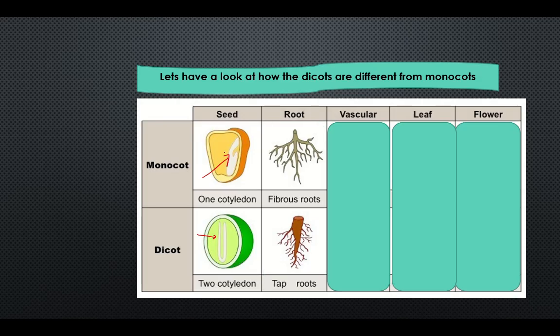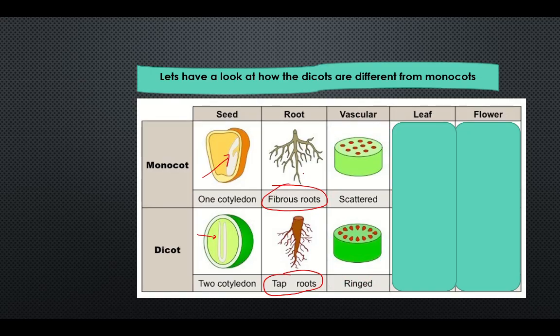In monocots, the roots are usually fibrous roots. They are branched. But in dicots, the roots are tap roots. As far as vascular bundle arrangement is concerned, in monocots the vascular bundles are scattered, but in dicots they are ring shaped.